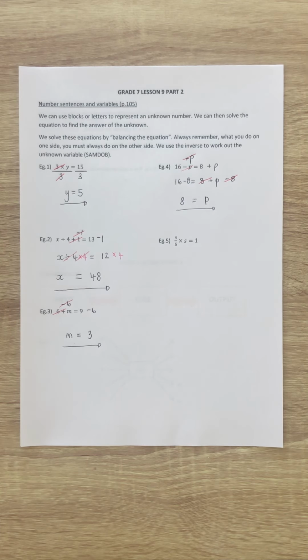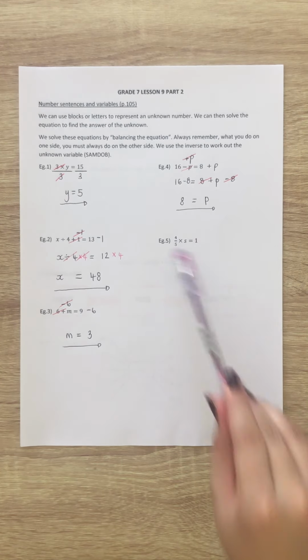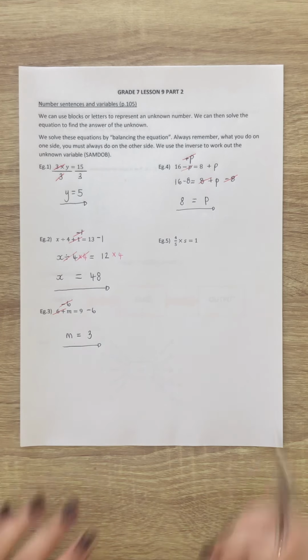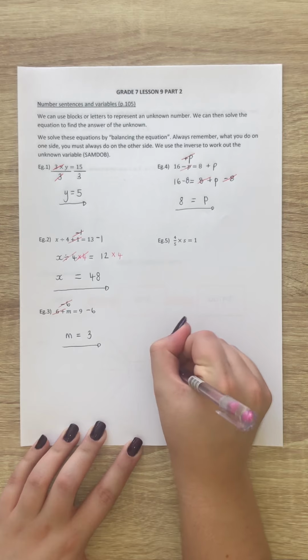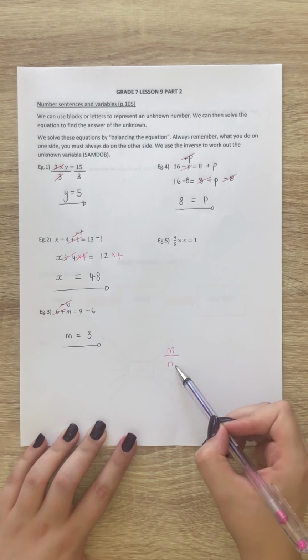And the last one, we've got a bit of a more tricky one here. 4 over 5 times s is equal to 1. Now with this one, I'm going to show you a trick. Now it's applicable to any sum that we give you like this. So when I have a fraction, I'm just going to call it m over n. Okay, pretend those are two different numbers.